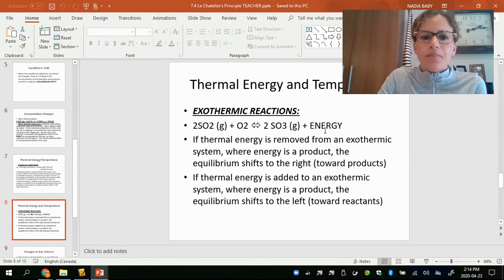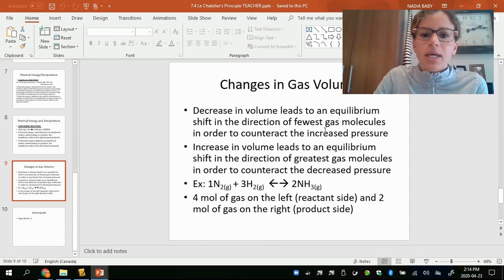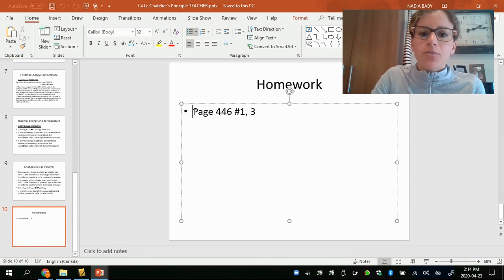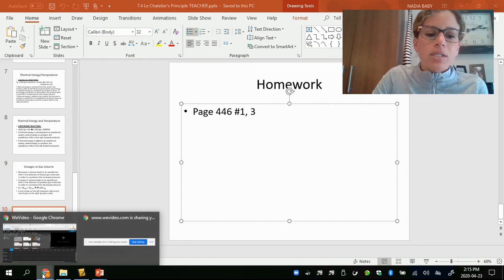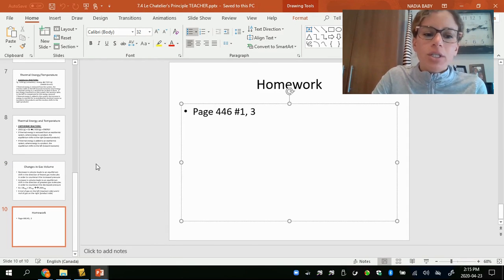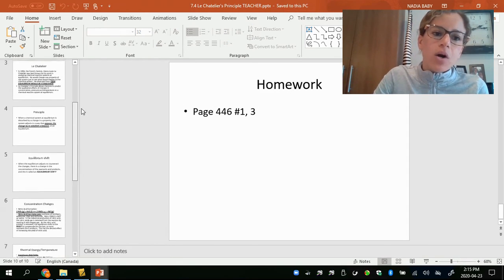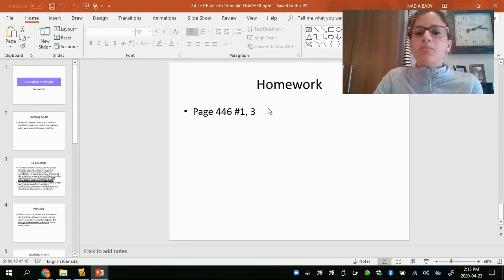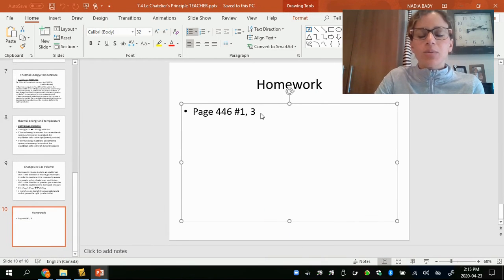So this goes through exothermic, endothermic reactions again, and changes in gas volume. So you could read through these examples again, and this is the assigned work here, page 446, number 1 and 3, and then as well, I'm posting a worksheet with the answer key on it. Okay, and then I'm also going to post the virtual lab for Le Chatelier's principle.